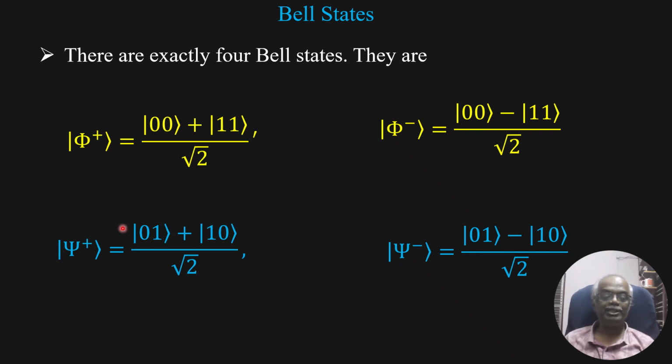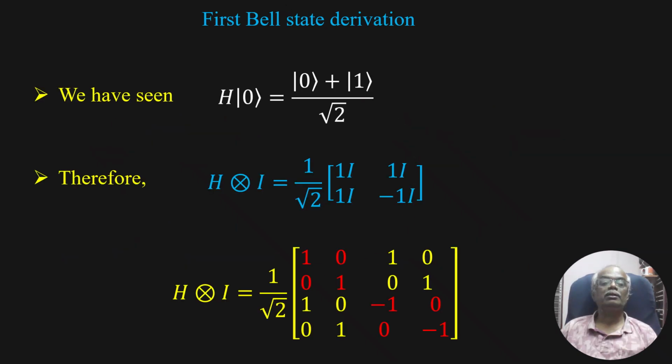Here also it has equal probability. Similarly, |Ψ−⟩ is equal to (|01⟩ − |10⟩) over square root 2. Same thing, but here you have a negative sign. So these are the four Bell states.